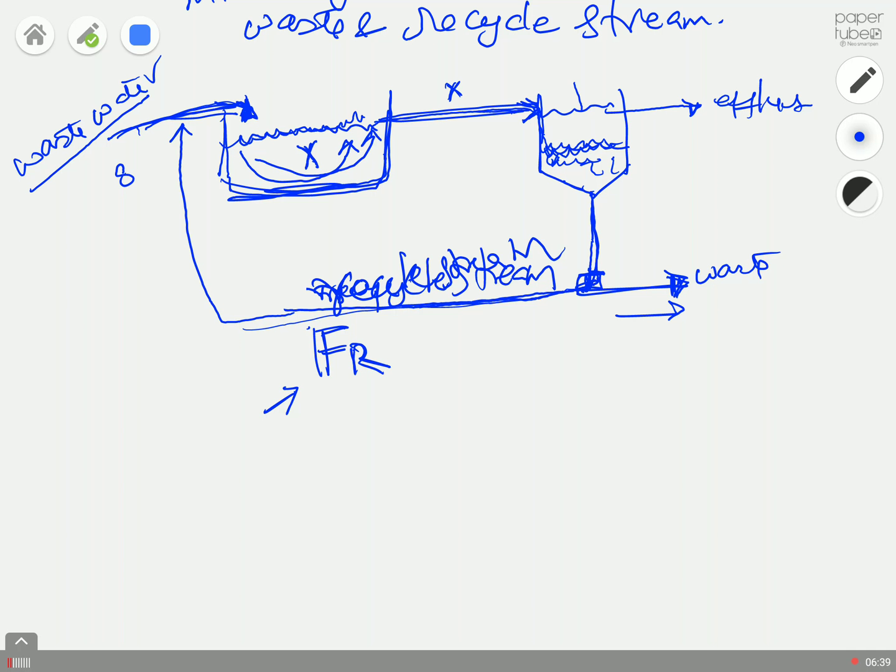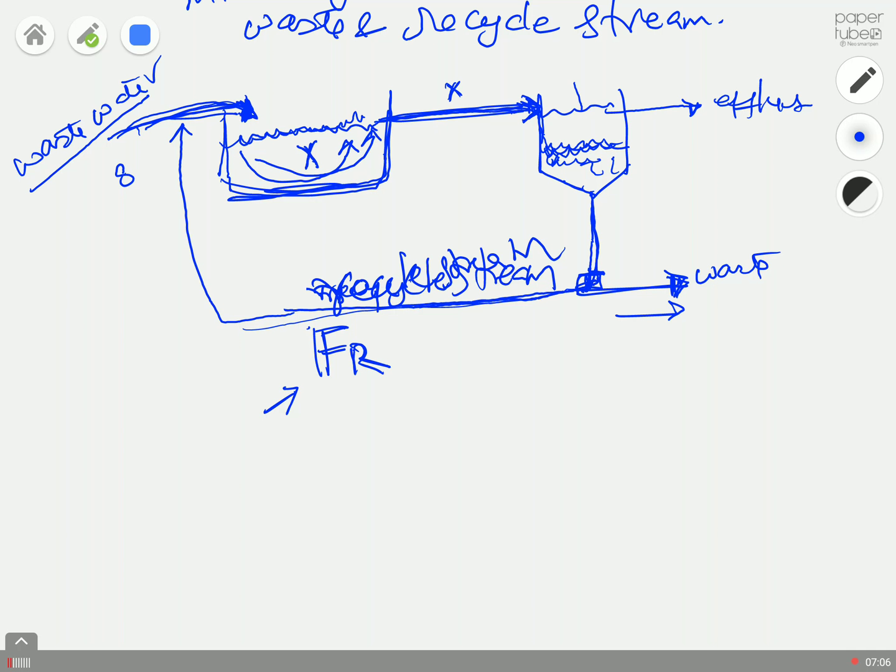You all know in microbial kinetics, microorganisms eat your substrate and convert it into products. But if you pump your wastewater so fast, it can take all your microorganisms into the effluent before converting your substrate into product. Normally we call this washout of your microorganisms.